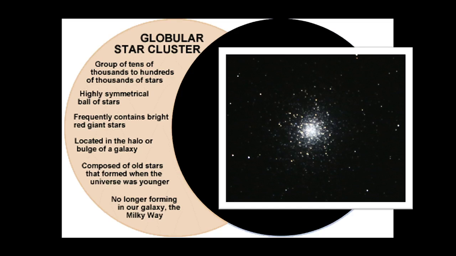slide online. So globulars are groups of tens of thousands to hundreds of thousands of stars, very symmetrical in a ball, frequently containing bright red giants, located in the halo or bulge of the galaxy, composed of old stars, and they're no longer forming in the Milky Way.